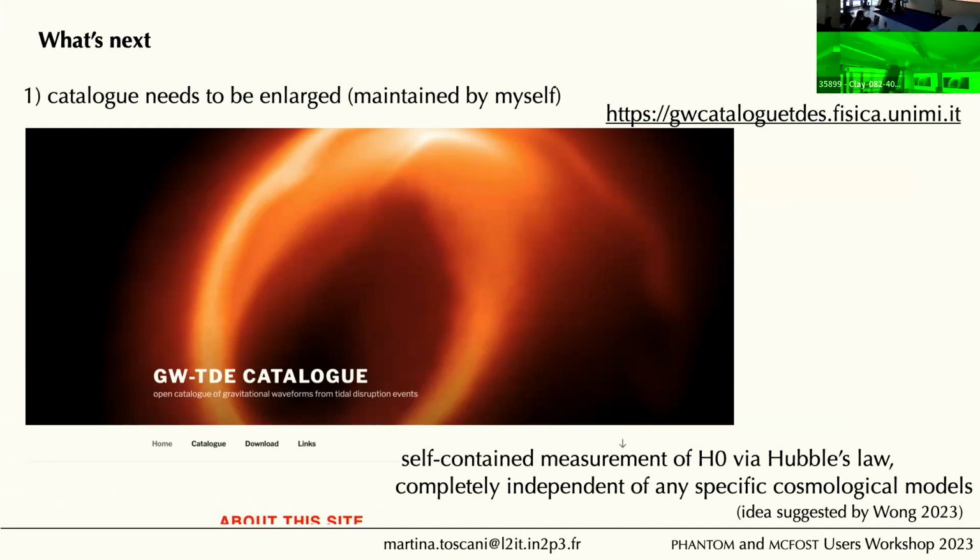And this will be very important, because if we are able to detect electromagnetic and gravitational wave signals from tidal disruption events, TDEs can become a way to constrain the present value of the Hubble constant, which we know is kind of a problem, because there is the famous Hubble tension problem where we have different results from CMB and gravitational waves, and we don't know how the two results can match.